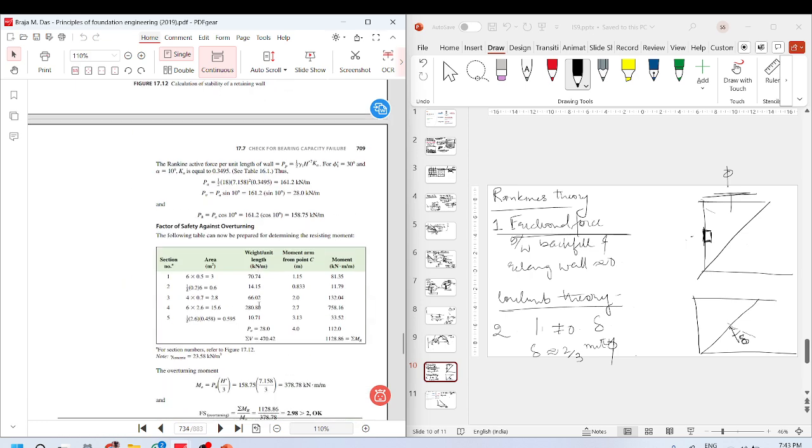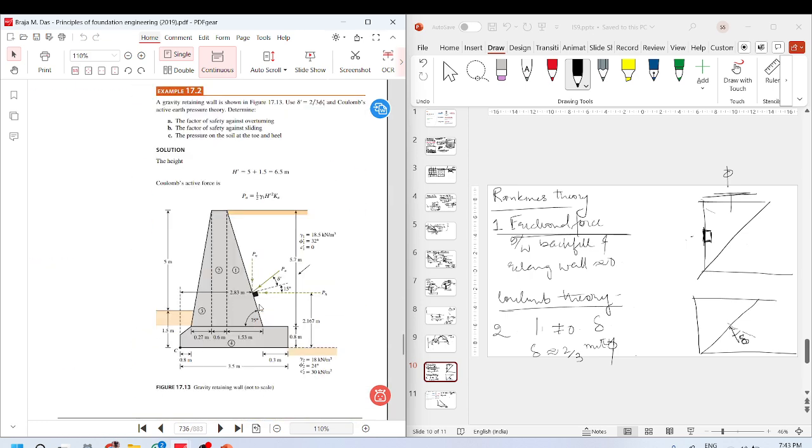But the thing that I wanted to mention, you see here, the gravity retaining wall shown uses angle of friction between the wall and the soil as delta, and Coulomb's active pressure theory determined factor of safety.